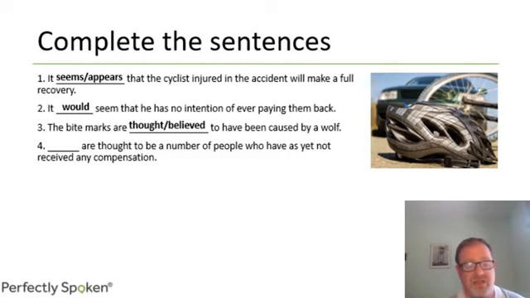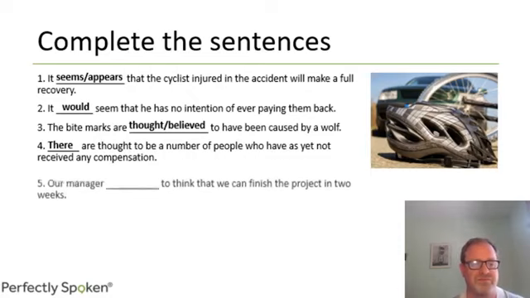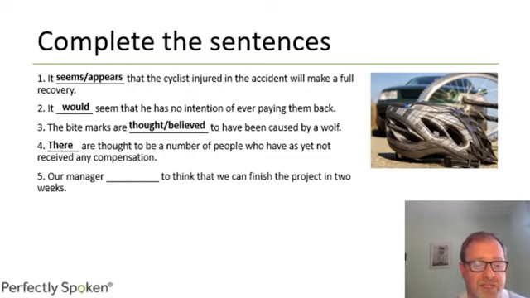And we can say there are thought to be a number of people who have as yet not received any compensation. Have as yet meaning up to now. Okay. Number 5: our manager something to think that we can finish the project in 2 weeks.